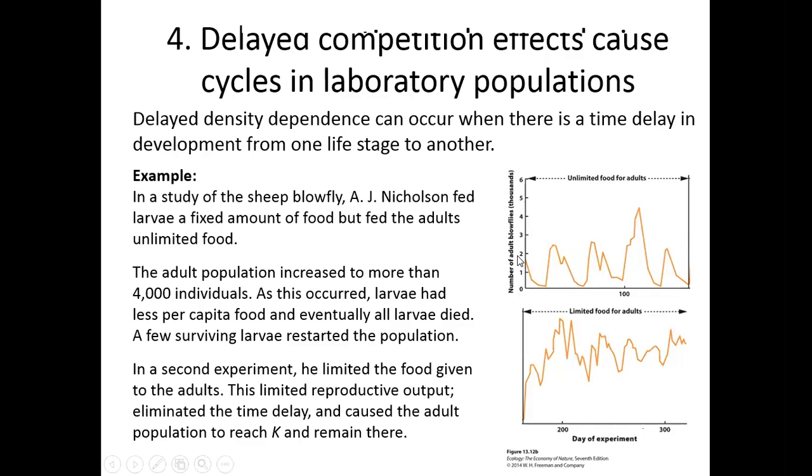Okay, so feed the larvae a fixed amount. And what that causes is these really wild population crashes. You've got a lot of adults that are breeding tremendously, but then they produce a whole bunch of larvae, and there's not enough food for the larvae. So most of the larvae starve to death. And that leaves only a few left to produce the next generation of adults.